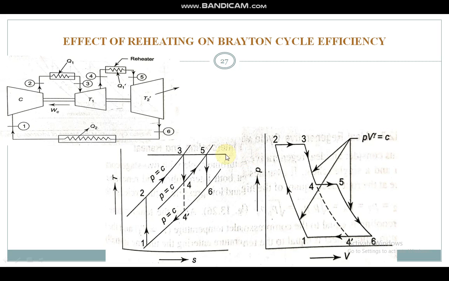But T6 is greater than T4 dash, right? Therefore, if regeneration is employed, there is more energy that can be recovered from the turbine exhaust gas from the point at T6, right? So, when regeneration is employed in conjunction with reheat, there may be a net gain in cycle efficiency.